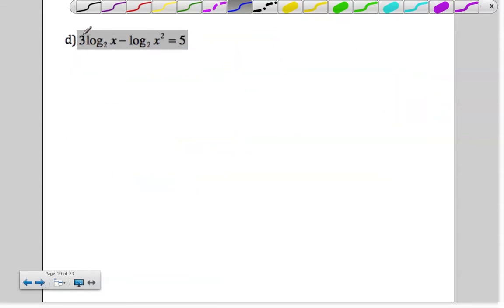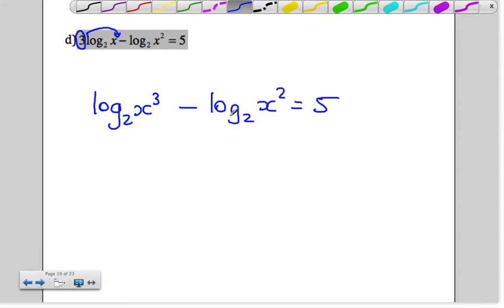Similar question again, but this time I'm going to use the power rule, so that one goes up there. So log base 2 of x cubed minus log base 2 of x squared equals 5. I'm now going to merge these two together. Log base 2 of, it's a subtraction, so I'm going to merge it as a division.